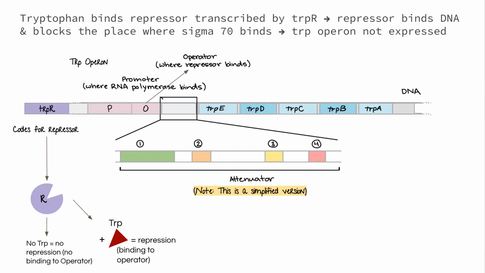The way that works is tryptophan binds a repressor that is coded by trpR. And then this repressor, when bound to trp, will bind to DNA and will block the place where sigma 70 would bind. And if sigma 70 can't bind, RNA polymerase can't bind, and then the trp operon will not be expressed, trp will not be transcribed.